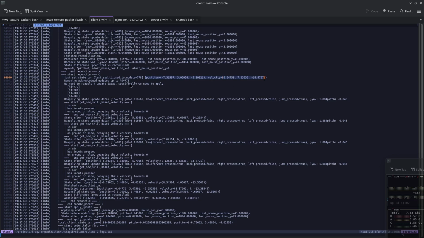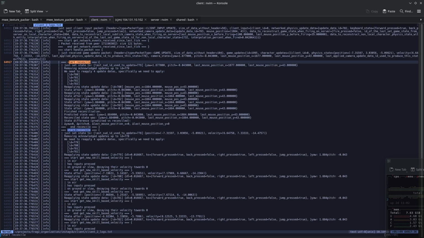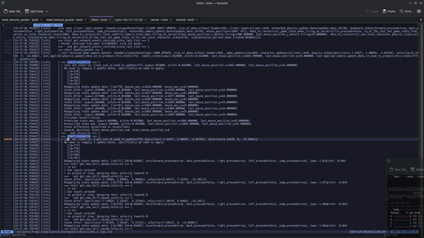On the previous reconciliation, the last SUD used should be 777, right? So start reconcile. Okay, the previous one for physics was 776. So we're missing 777.